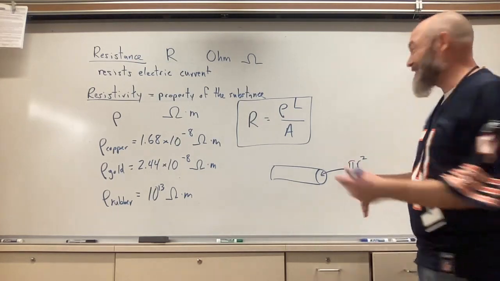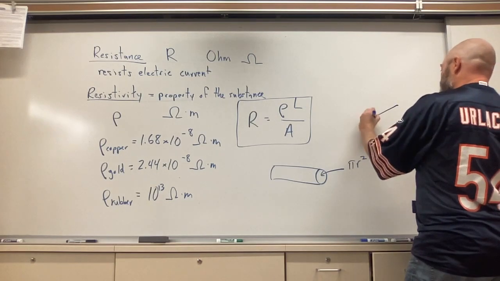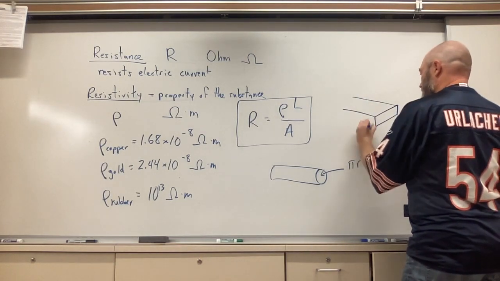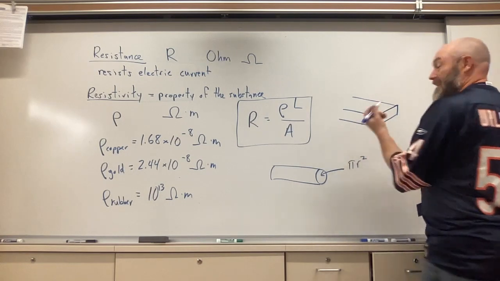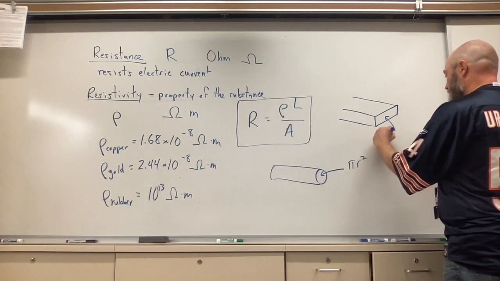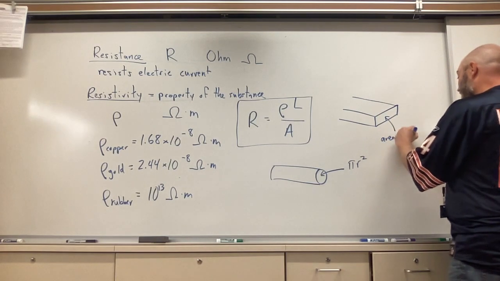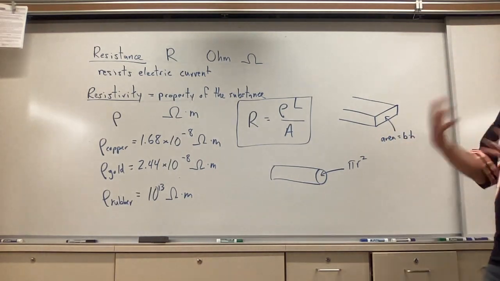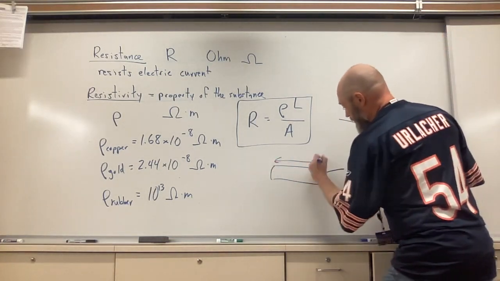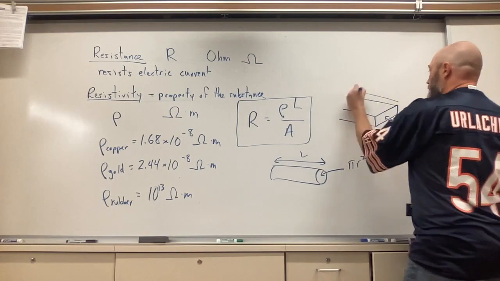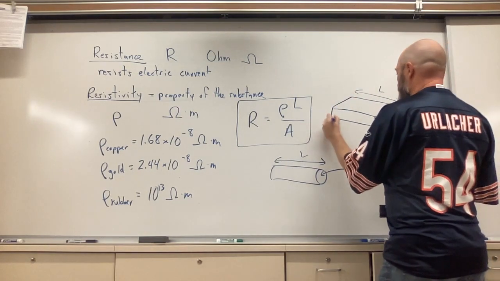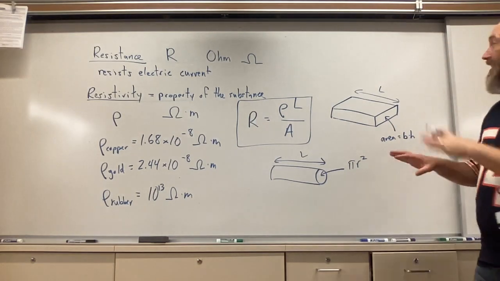If you had a wire that's more of a rectangular thing, then the cross-sectional area of this would just be base times height. You have to kind of use your brain and think about things, okay? Where the length would be the actual length of the wire, or the length of this thing, whatever it is.